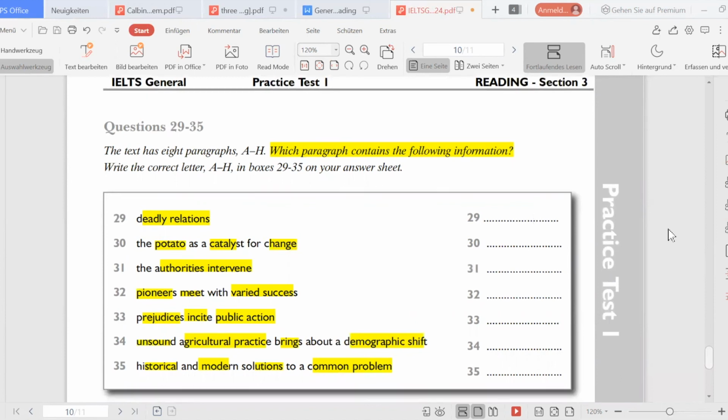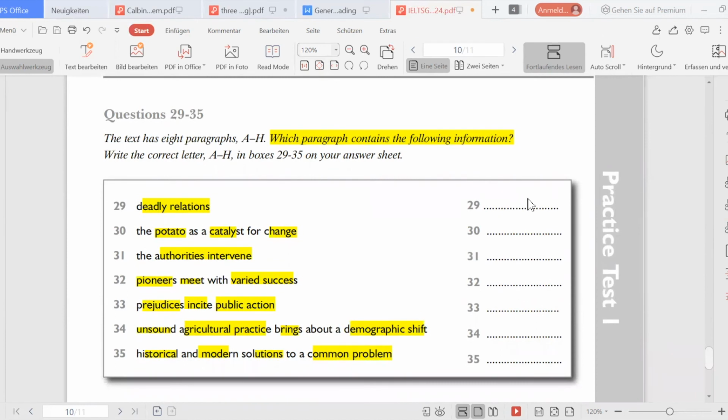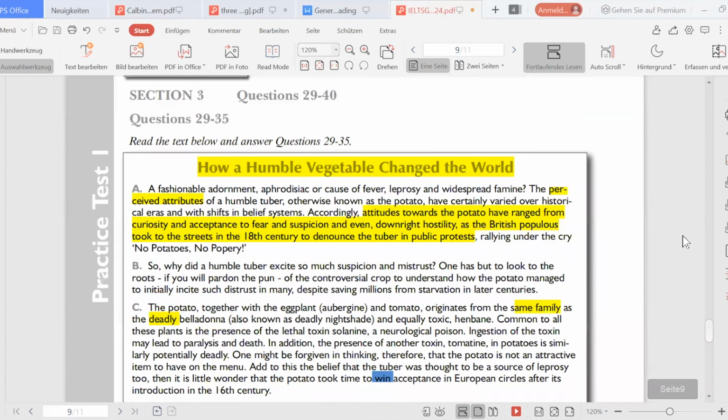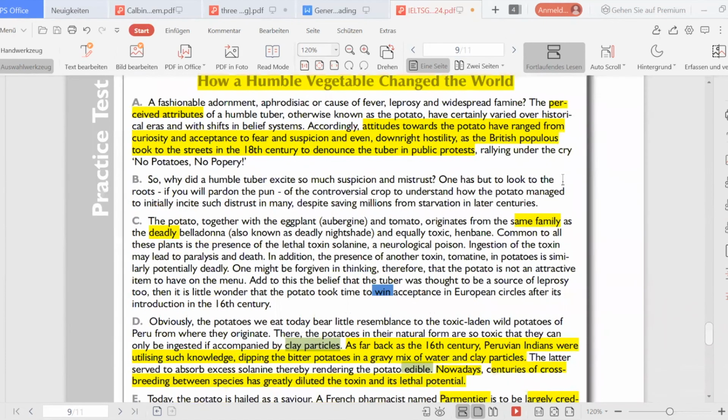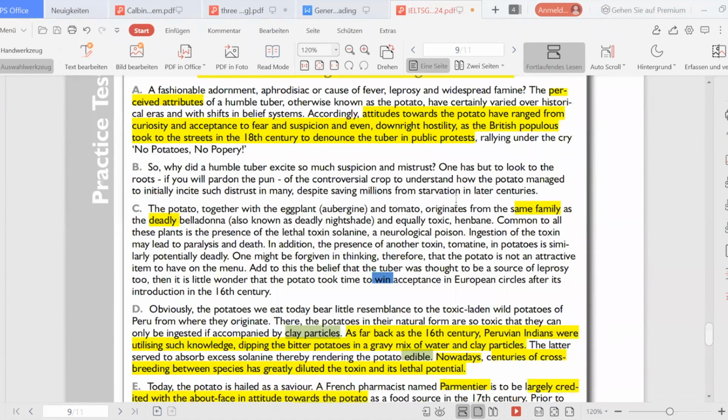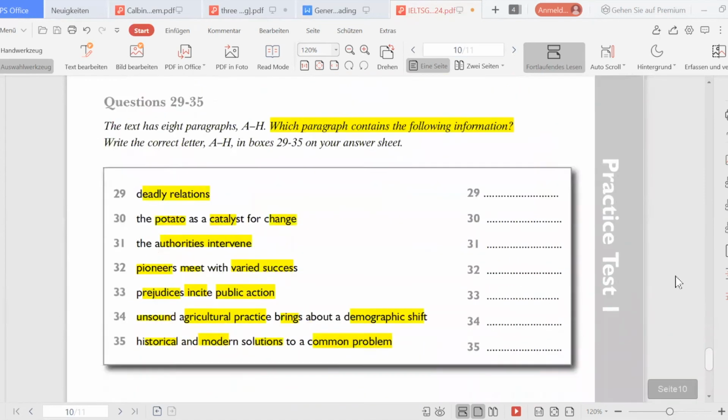You've got the word deadly, relations, and when you start reading, doing a good job scanning, when you get to C, you'll actually see the words same family and then the word deadly. Okay, so relations is a synonym for family, and then deadly is exactly the same word. So C is the paragraph that contains your answer.